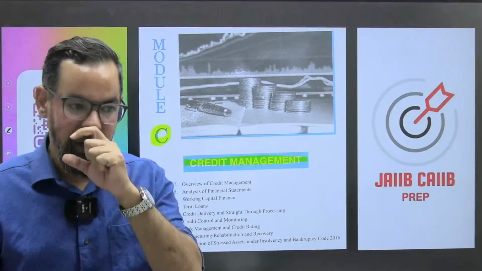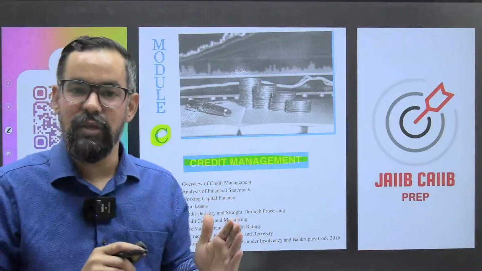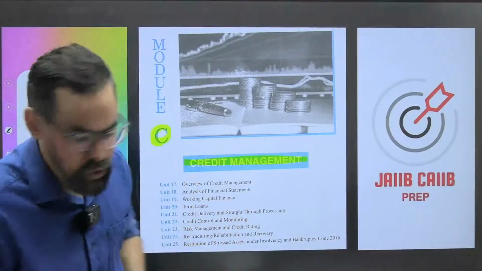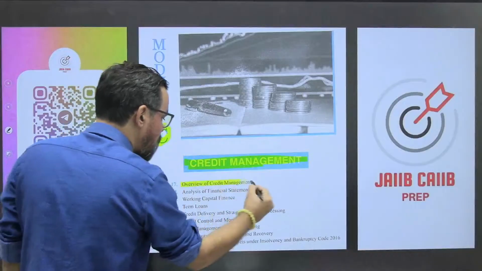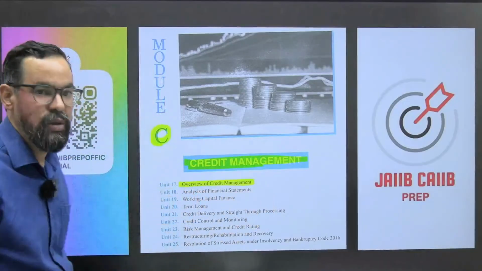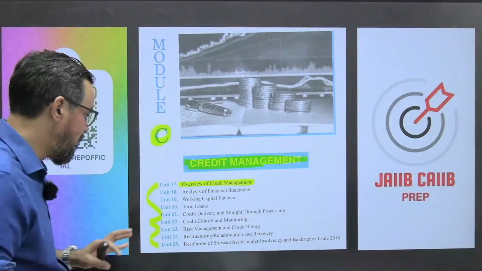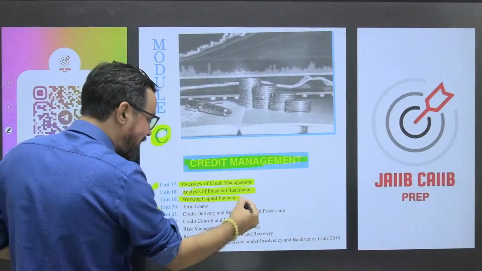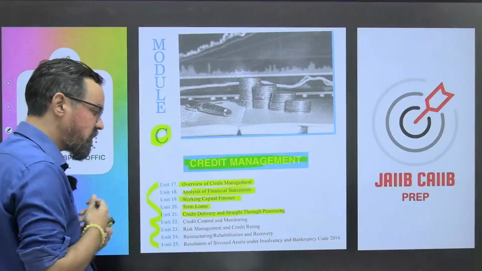Then later on, once this JAIIB exam is over, I'll start with ABFM also, right? So guys, if you talk about credit management, it has an overview of credit management, which is a kind of summary for all the remaining units. Then we have analysis of financial statements, working capital finance, term loans, credit delivery, and straight through processing.